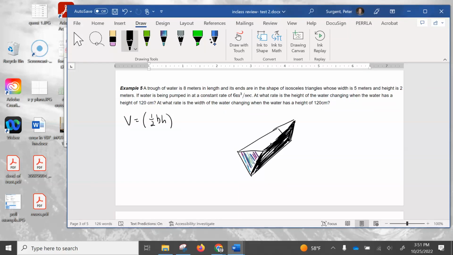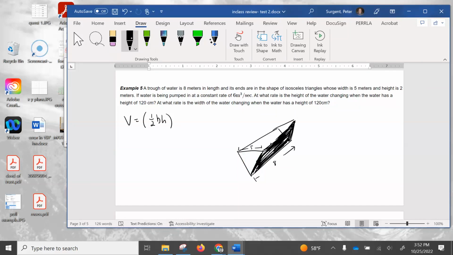Trough of water is 8 meters in length, so this guy is 8. Width is 5. Call that 5. And the height is 2. So the height here would be 2.